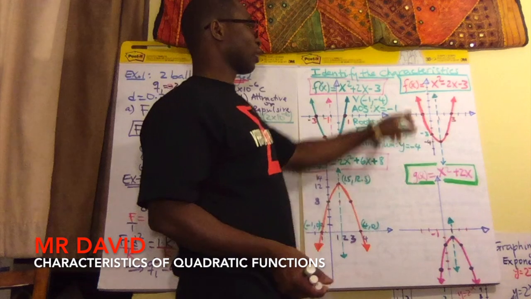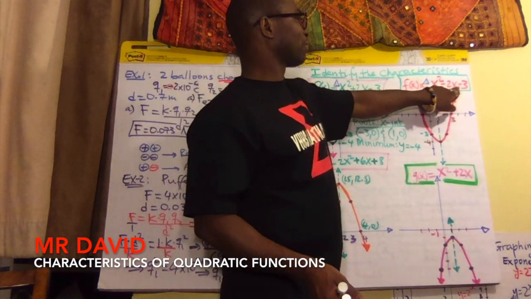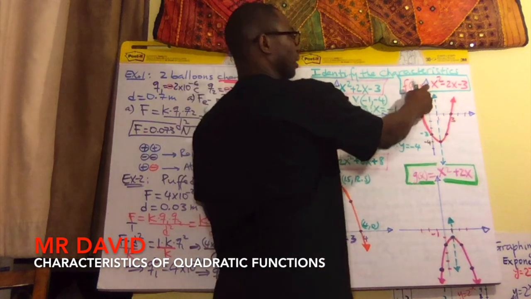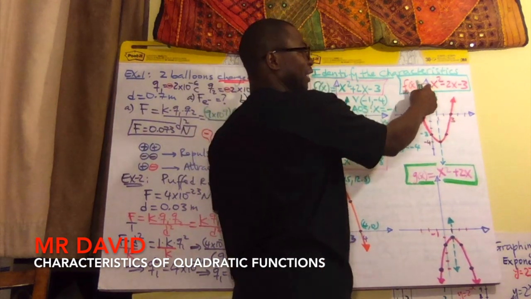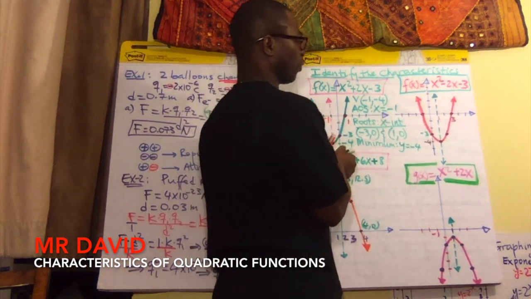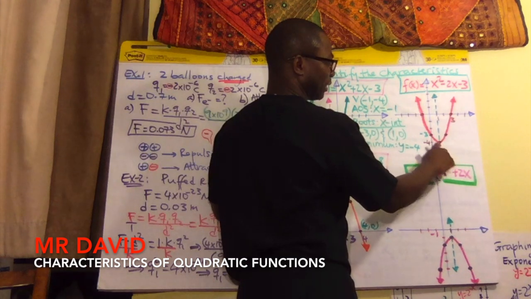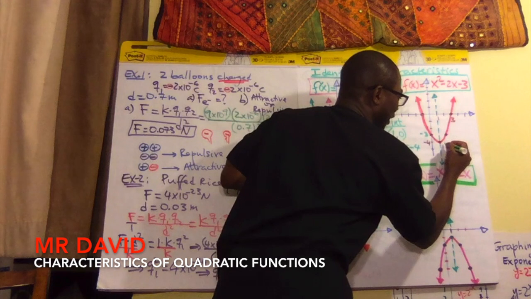Let's look at this one: a is 1 again, x squared minus 2x minus 3, so it's positive. Anytime a is positive, we have a happy face. What is the vertex? For this one, the vertex is right here, at 1, -4.